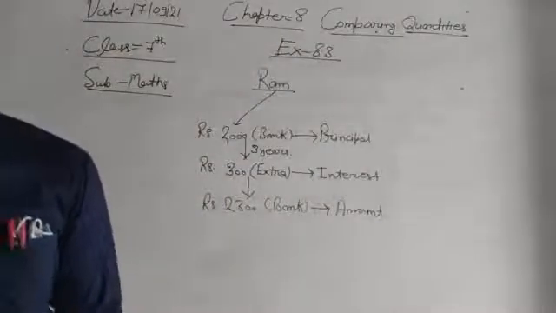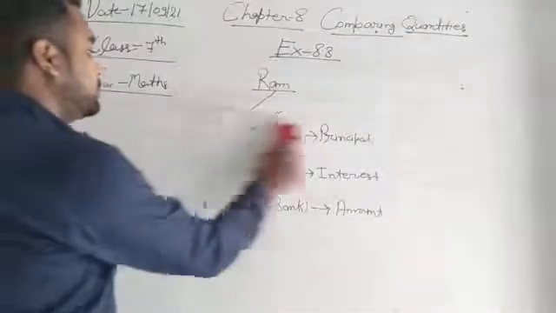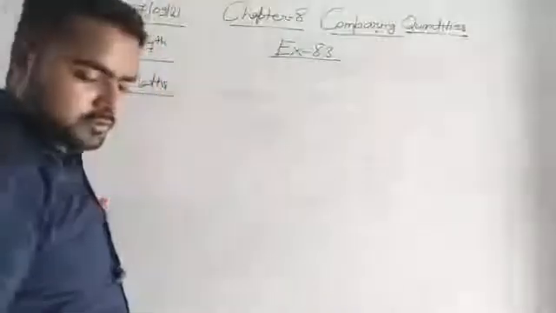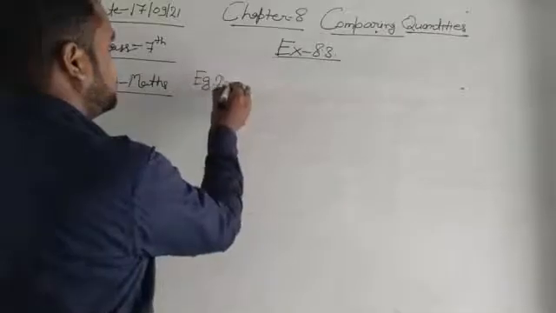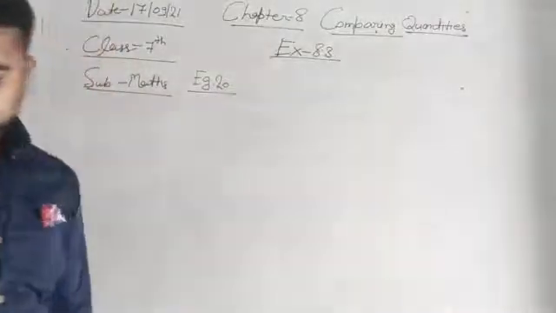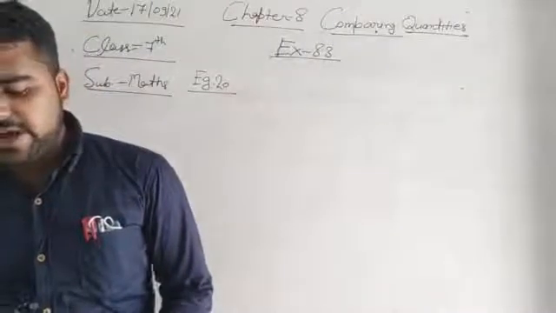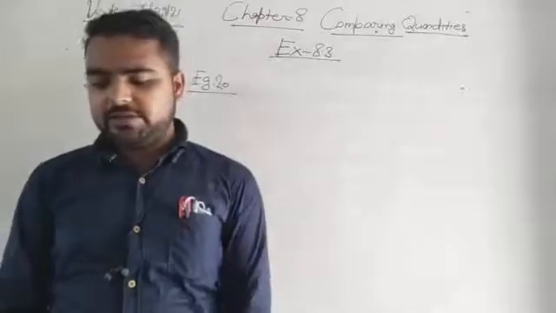Now we will discuss the next example, that is example number 20. So what is that? Example 20. Anita takes a loan of rupees 5000 at 5% per year as rate of interest.